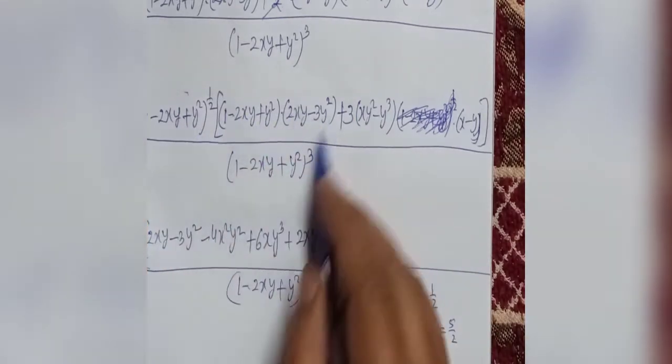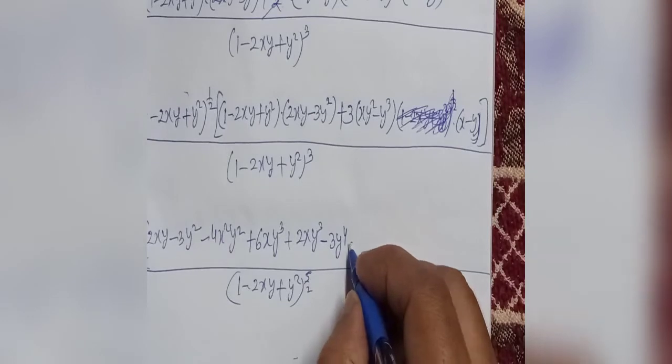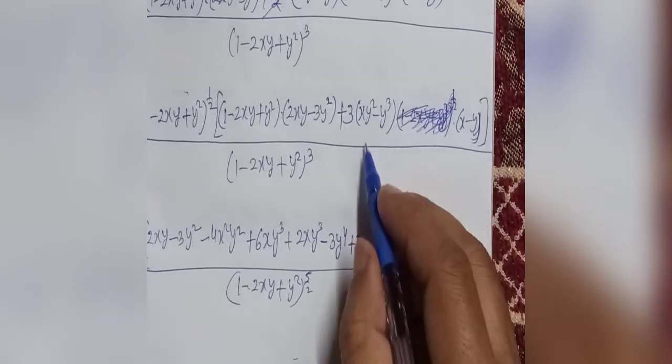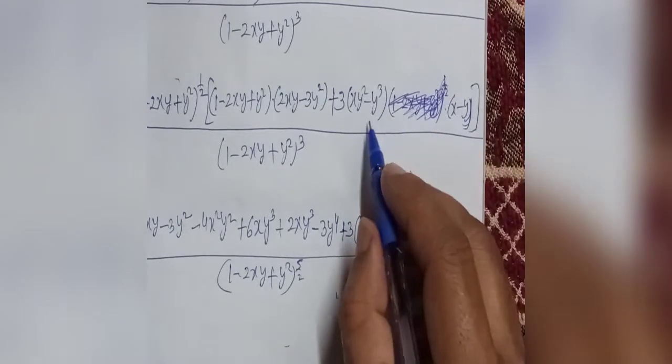I multiply these two brackets and write here, and also we will multiply these two brackets.